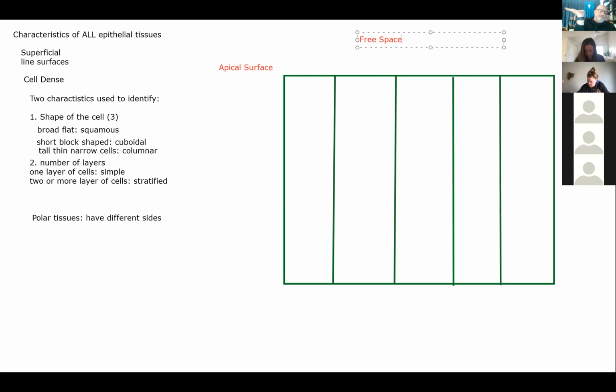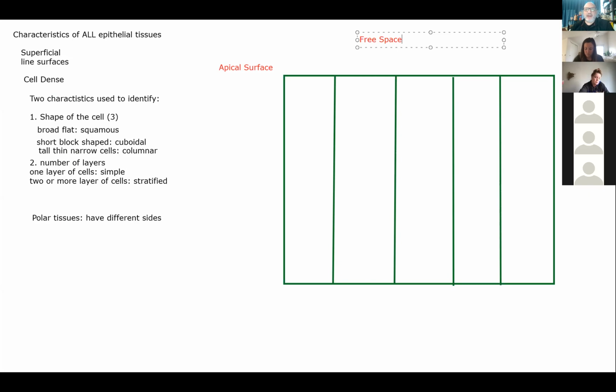And again, you may not have thought of it in these terms, but you're aware of it. If we take the open space of my hand here, and then I curl my epithelial tissue up into a tube, what's the fancy name that we give for that open space in the center of a tube? Cavity's not a bad term. That would be close, but there's an even better term.